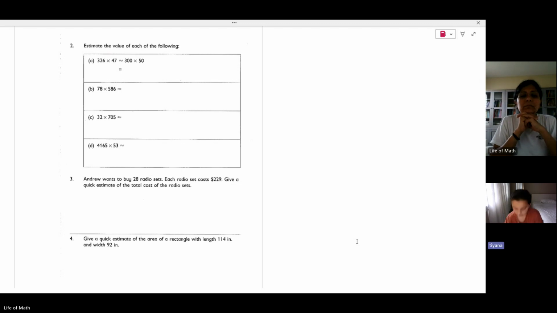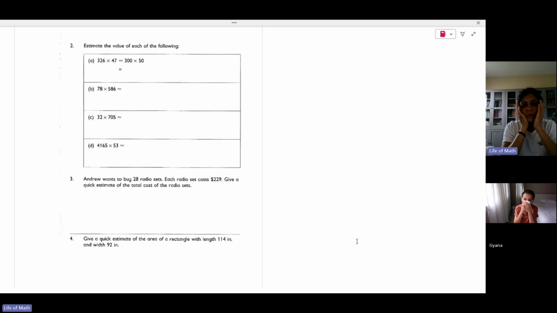Area. Oh, there was one page. And what is ratio? I forgot. It's perfectly fine. It's called ratio. When the chapter comes, we'll go more deeply into it.